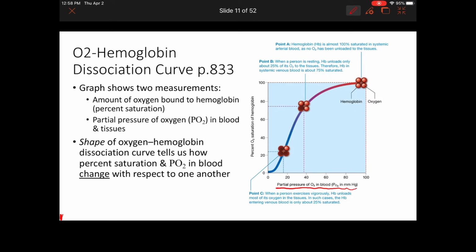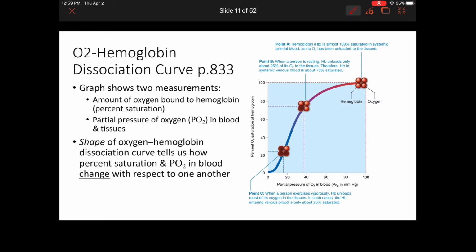On the y-axis of this graph, it shows the percent saturation of hemoglobin. So this relationship between partial pressure of oxygen and saturation of hemoglobin has a slight curve to it. It goes up very steeply at first and then starts to level off.